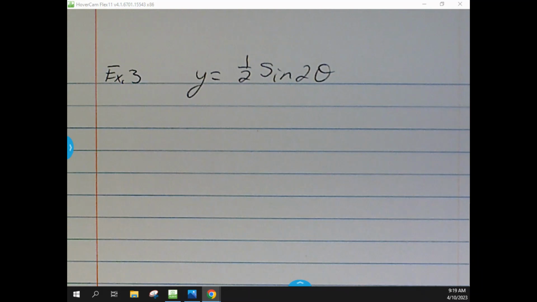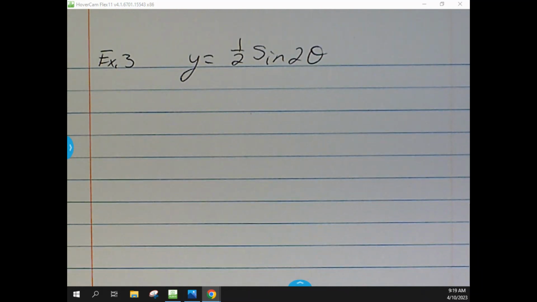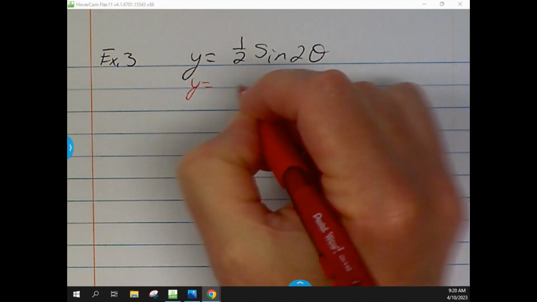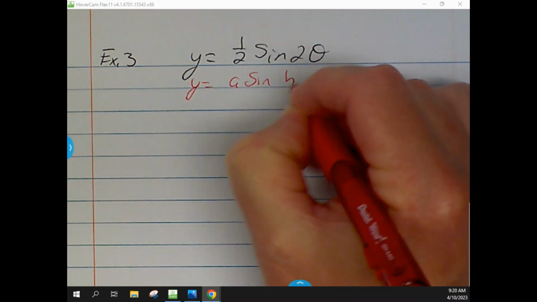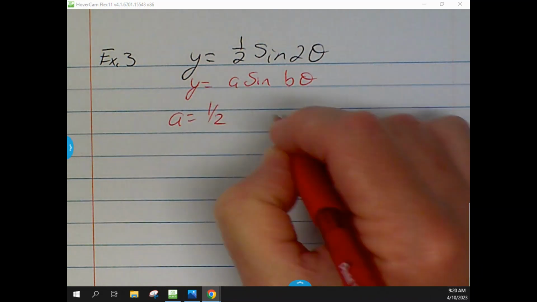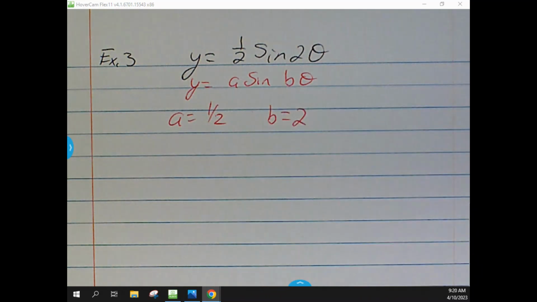All right, so let's go with y equals a half sine of 2 theta. Again, it's y equals a times sine of b theta. So we know a is a half, and b is 2.